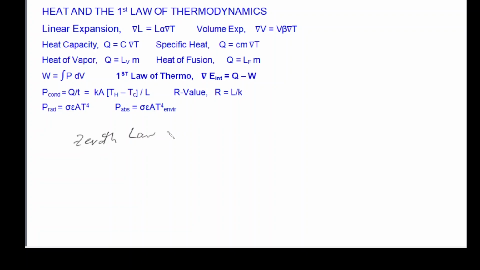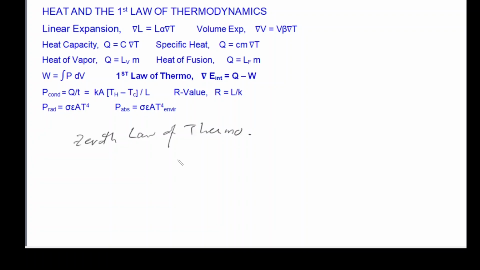The Zeroth law of thermodynamics states that if bodies A and B are in thermal equilibrium with body C, in other words at the same temperature, then bodies A and B must also be in equilibrium.